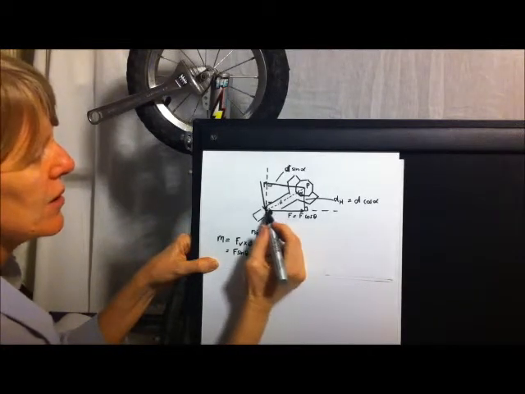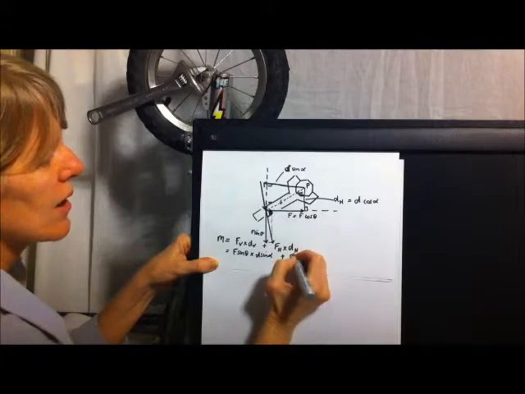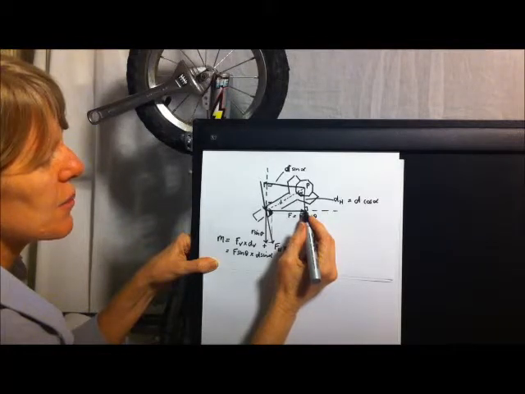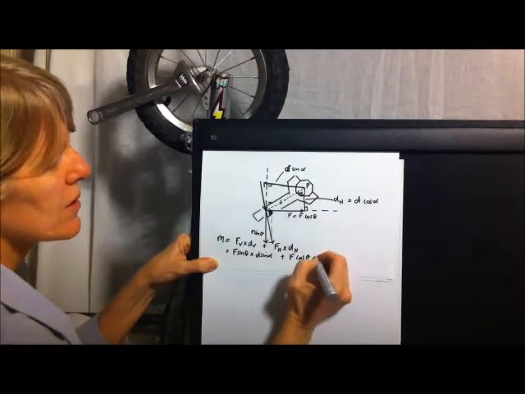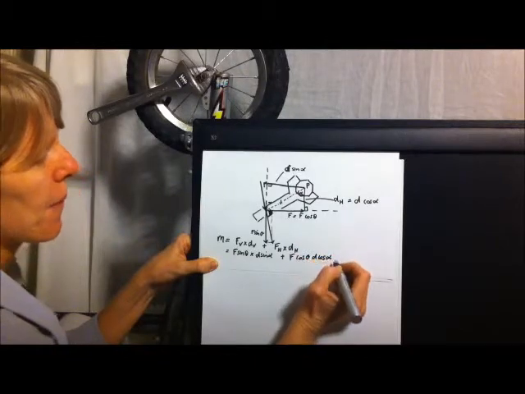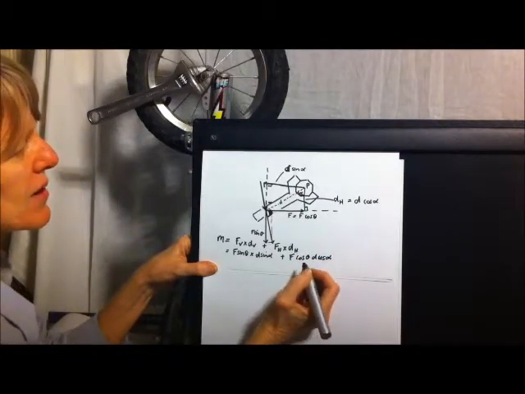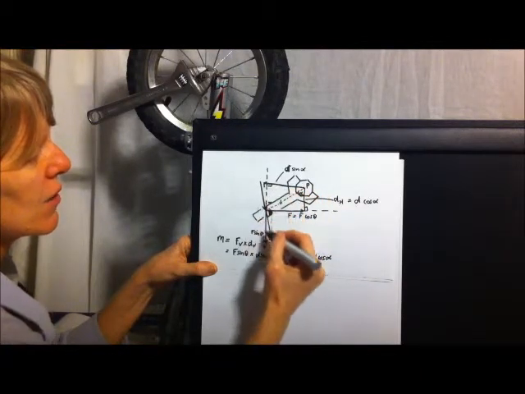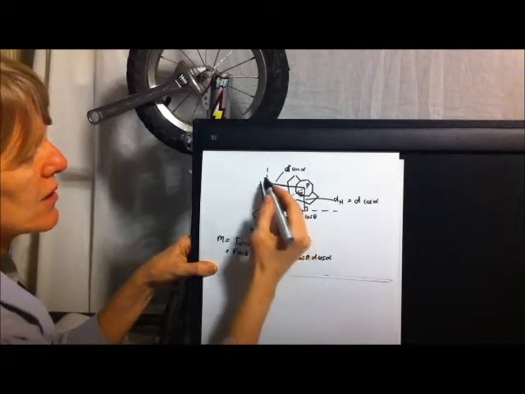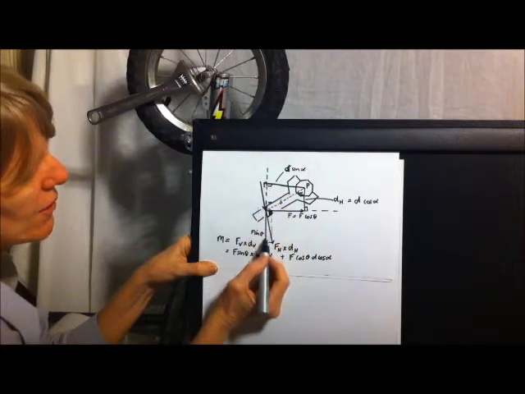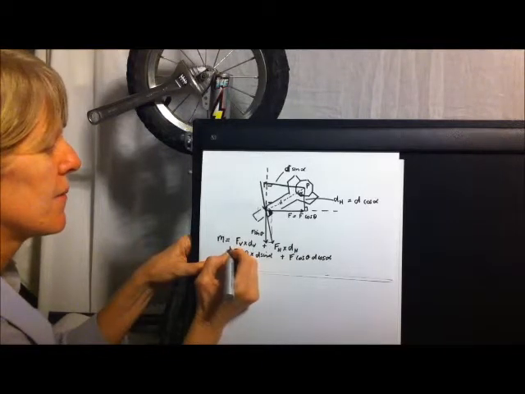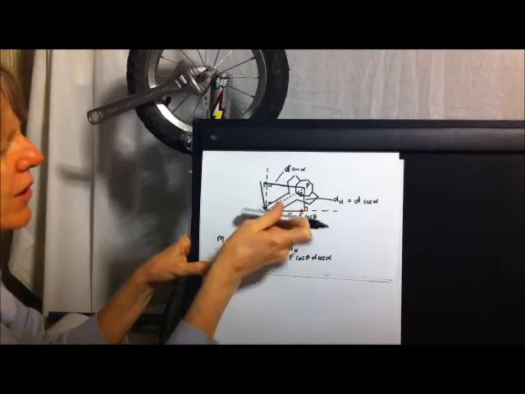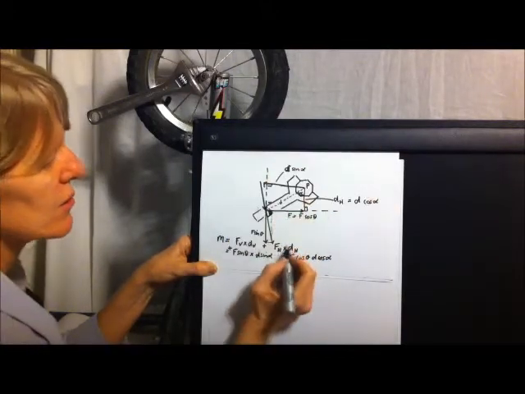And the horizontal component of the force was F cos theta, and its perpendicular distance back to the pivot point was d cos alpha. And now we just need to worry about signs. There's the pivot point. Anything going in that direction, in the counterclockwise direction, is positive. So we can see that the vertical component is positive, and also the horizontal component, which is also going around in that direction, is also positive.